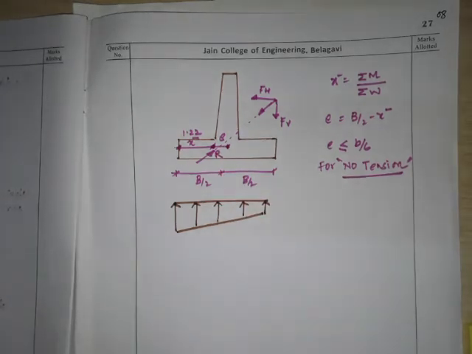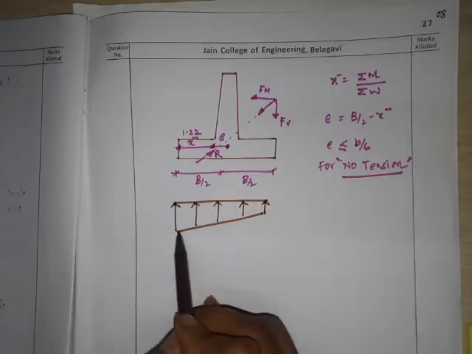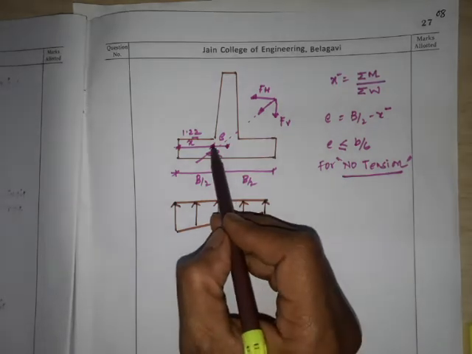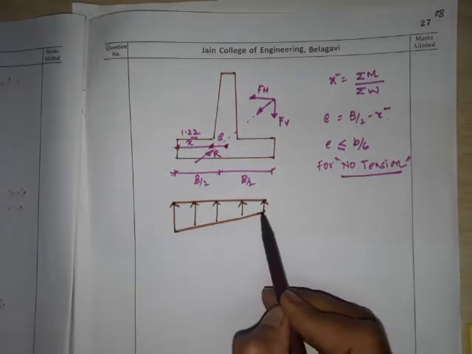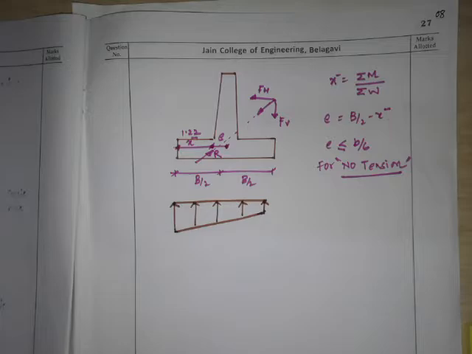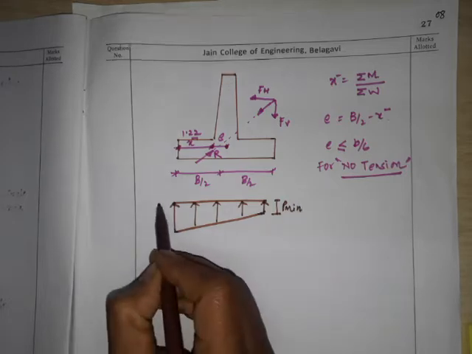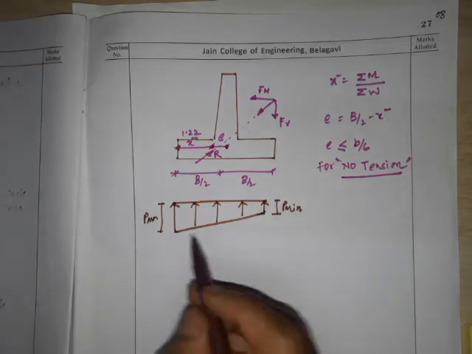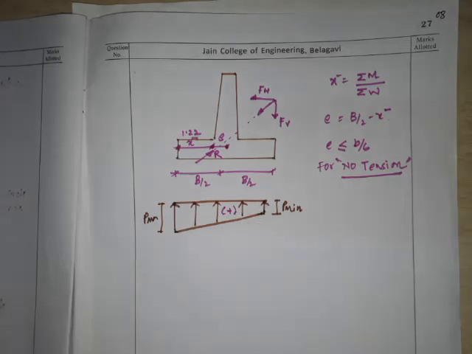In footings or combined footings, we can have the pressure as uniform. But here the pressure is not uniform because we have the eccentricity. So here we get P minimum and P maximum. This total pressure is positive or compressive.